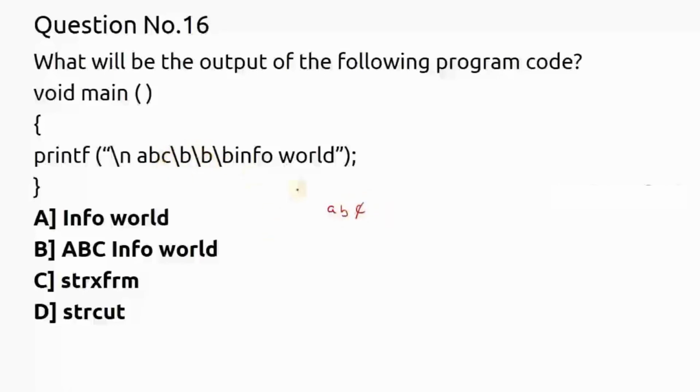One more, so B will be deleted. One more, A also will be deleted. Now the next thing, info world is there. So what it will print is only info world. So a backspace means one character will be deleted from the back. Like this it will be deleted and you will get only info world. The answer is A. There is no further logic.